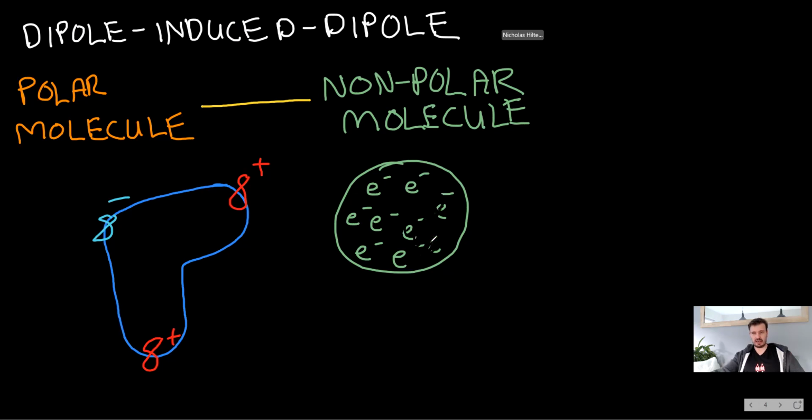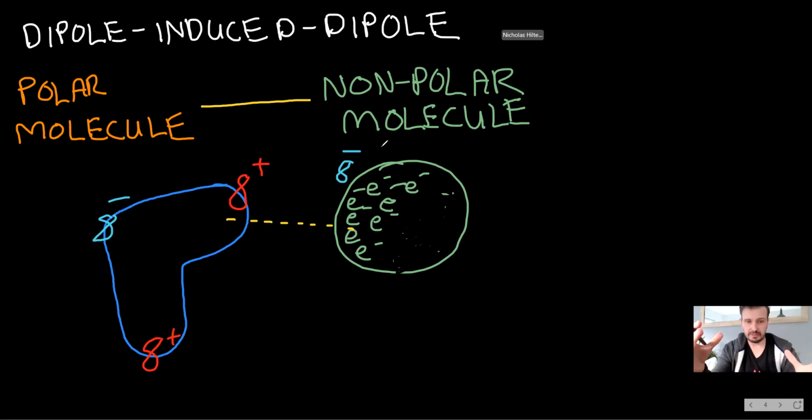The electrons on the one side will kind of disappear, well, not disappear. They'll move over to the side that's close to the hydrogen. They'll be concentrated on one side. And so we'll get this polar dipole-induced dipole. So this positive side induces a polarity there. And so this otherwise non-polar molecule becomes polar.